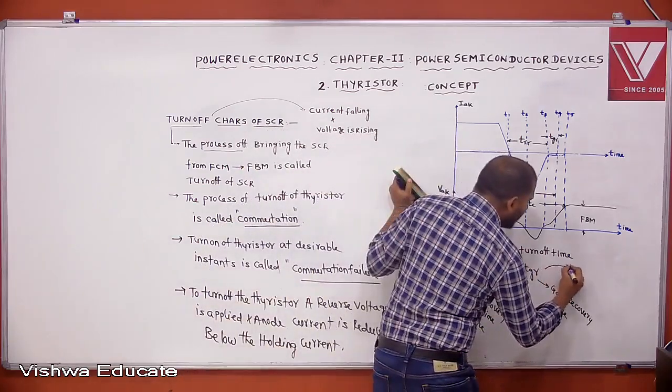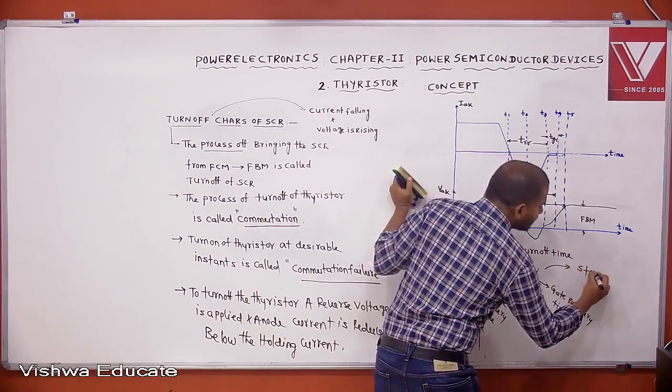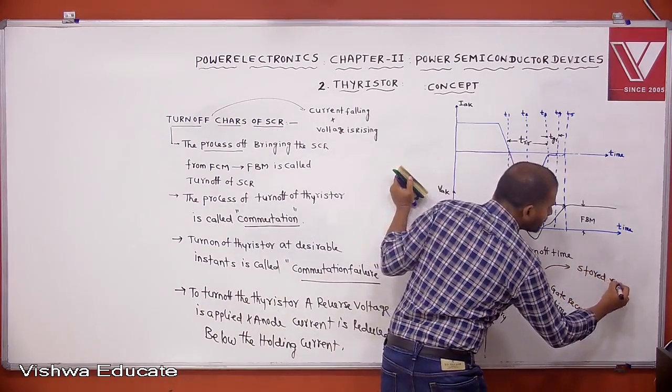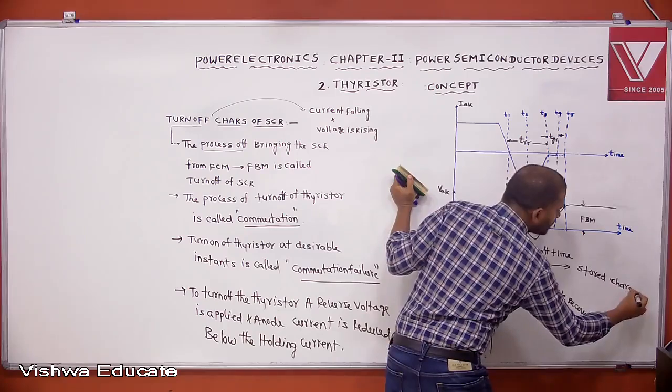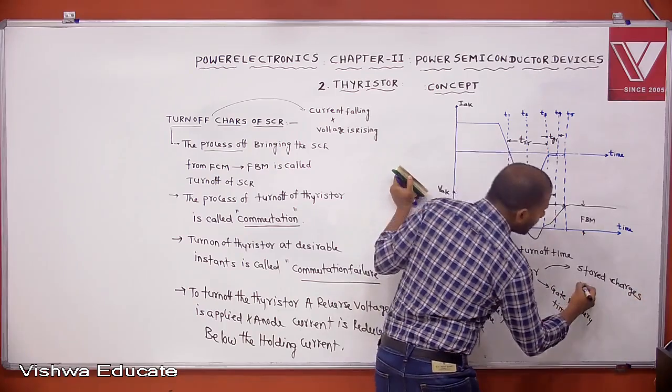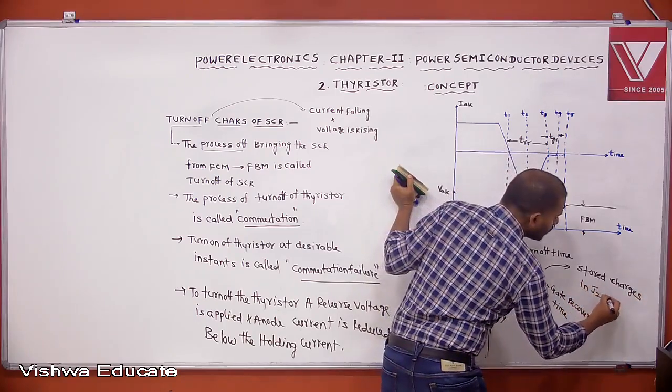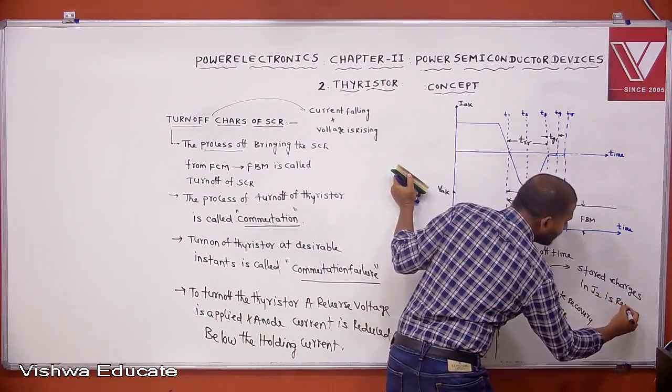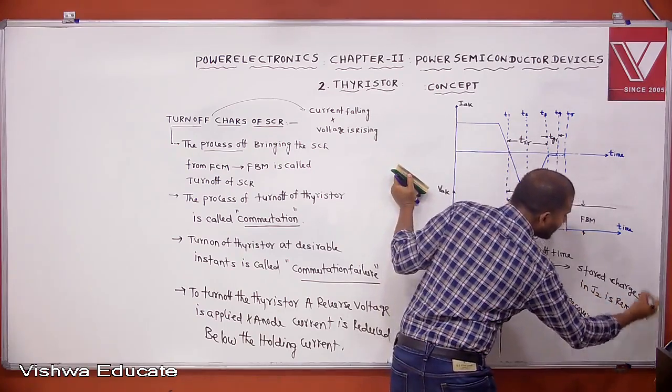During gate recovery time, stored charges in J2 are removed. That's the reason why it is called gate recovery time.